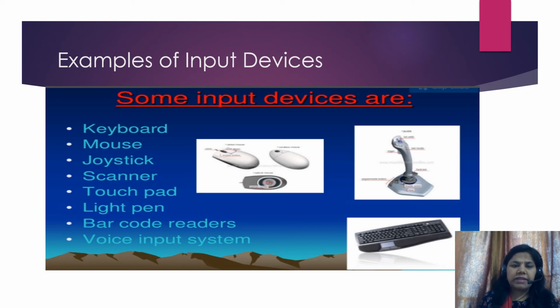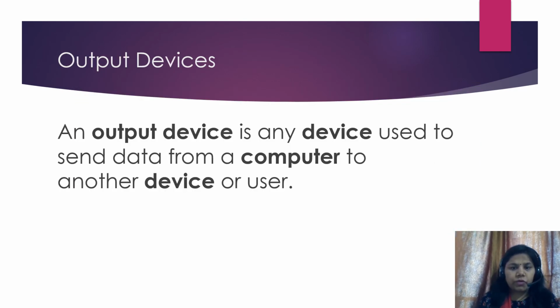Here you can see some examples of input devices: keyboard, mouse, then joystick, scanner, touchpad, light pen, then barcode readers, voice input system. All these are examples of input devices. Now one by one we will see all these input devices in detail. Here also you can see the pictures: this is a joystick, here is a mouse, and this is a keyboard.